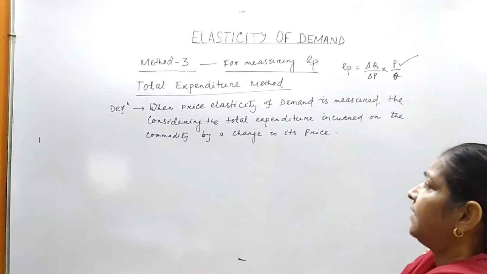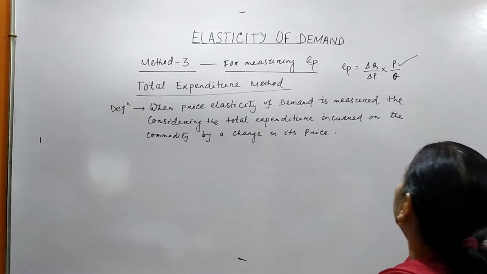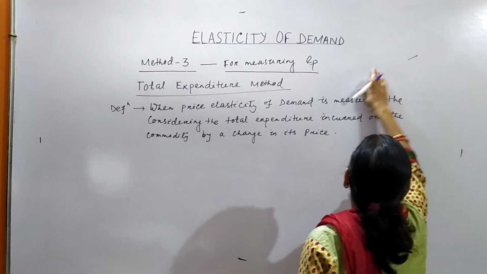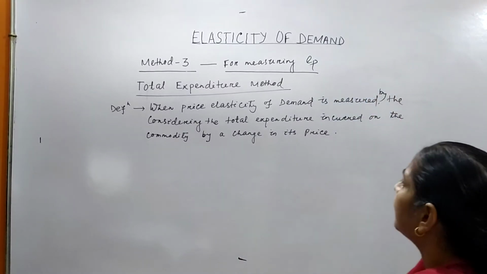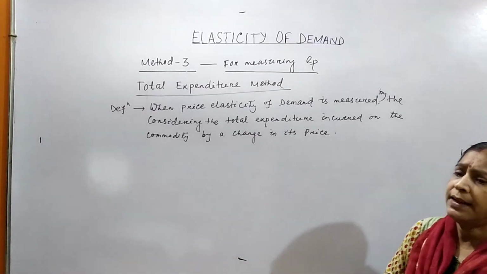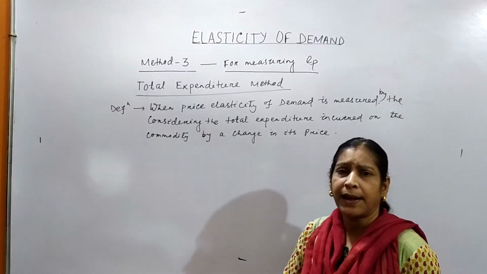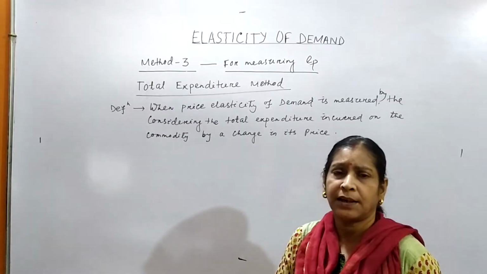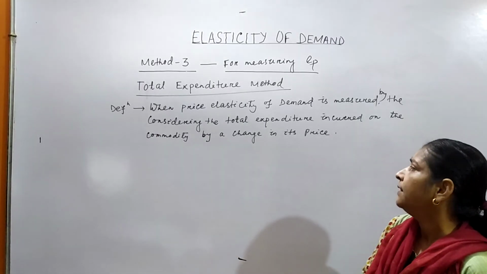What does the definition tell us? When price elasticity of demand is measured by considering the total expenditure incurred on the commodity by a change in its price. Suppose there is a commodity, its price changes, and due to the change in price, its quantity will change. It may be a greater change or lesser change or no change, but there may be a change.